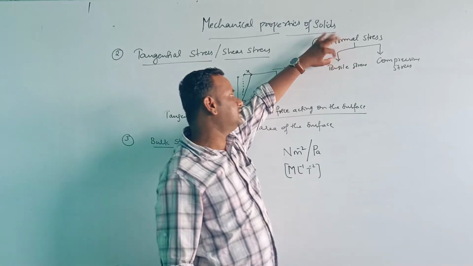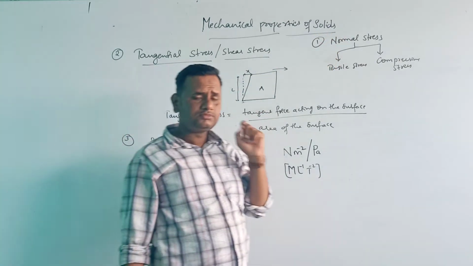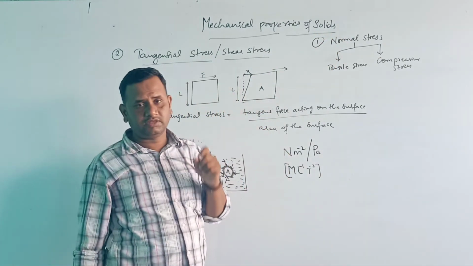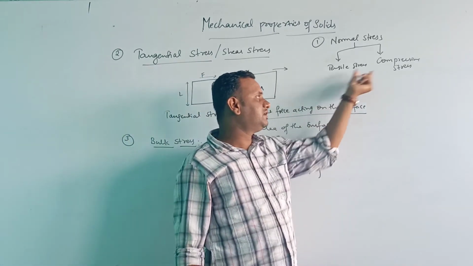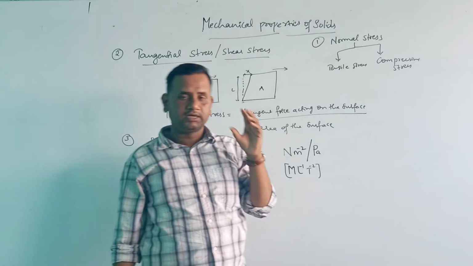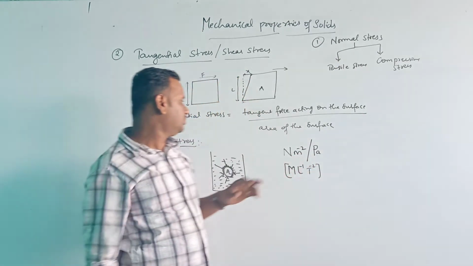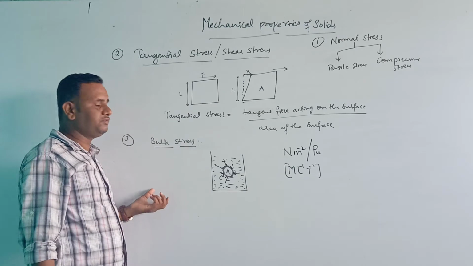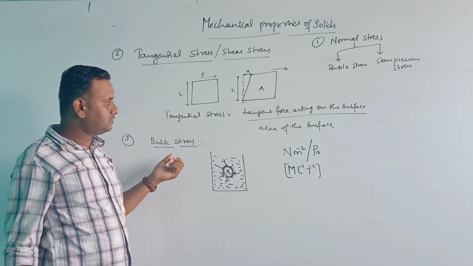I told you that in tensile stress there will be elongation, an increase in length, whereas in compressive stress there will be a decrease in length. So these are the types of stress which we discussed in today's class.